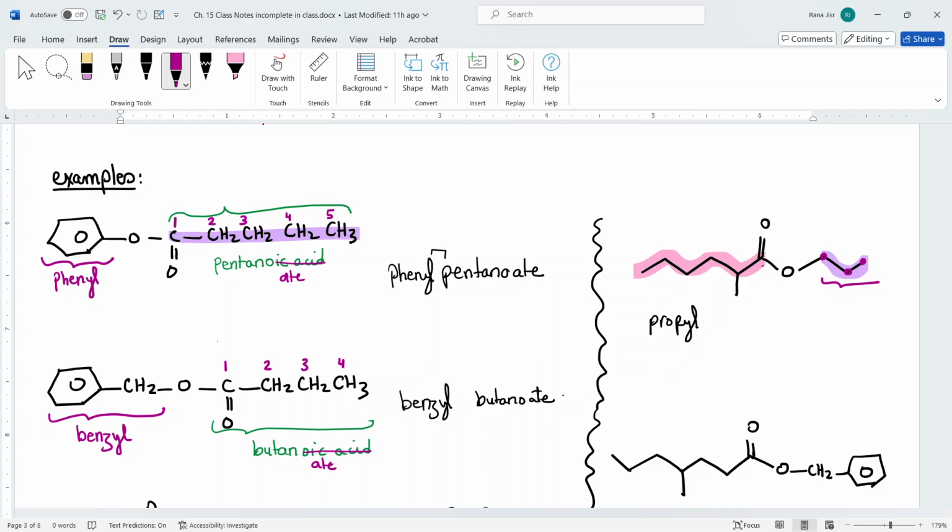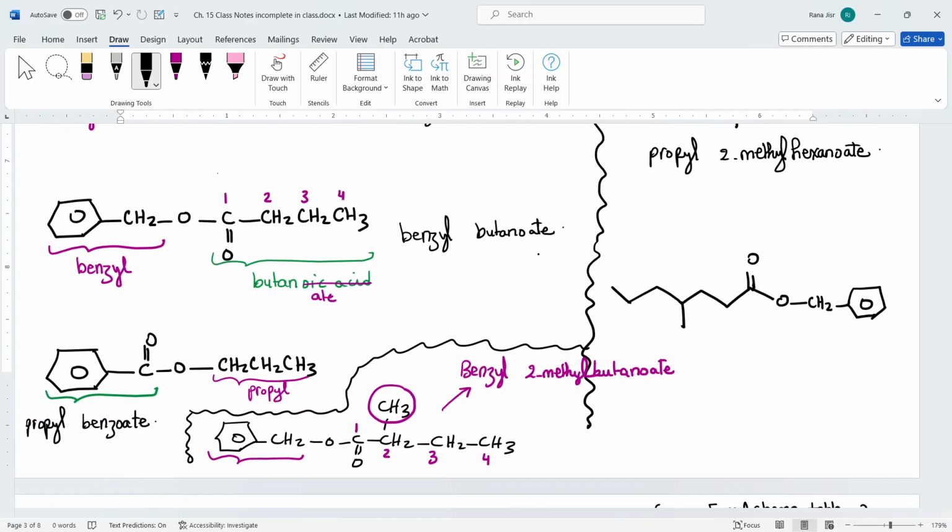And you give the carbonyl always carbon number 1. It's going to be 2, 3, 4, 5, and 6. You do have a substituent, which is the methyl. So the name is going to be 2-methyl. And then, of course, it's going to be hexanoic acid. Drop the ic acid, add ATE. So it's going to be hexanoate. Okay, so that's going to be propyl 2-methyl hexanoate.